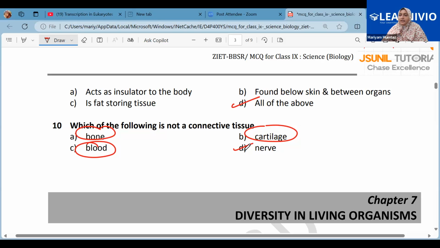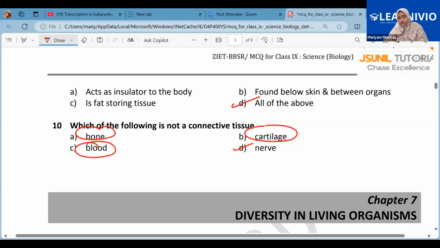Okay, who can name all the plant hormones? Auxin, okay.